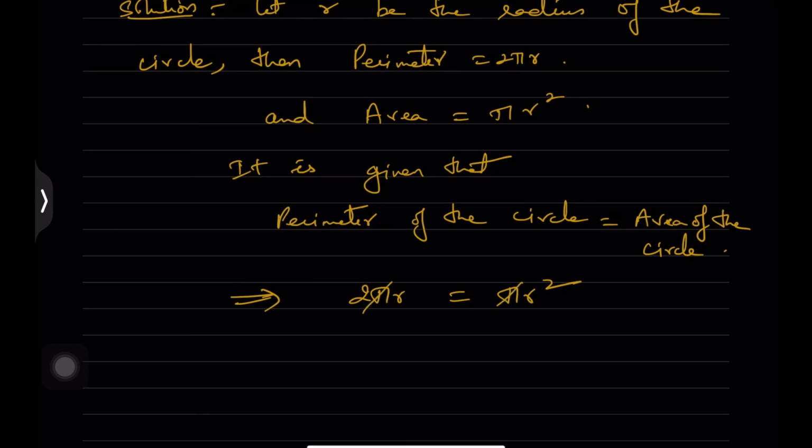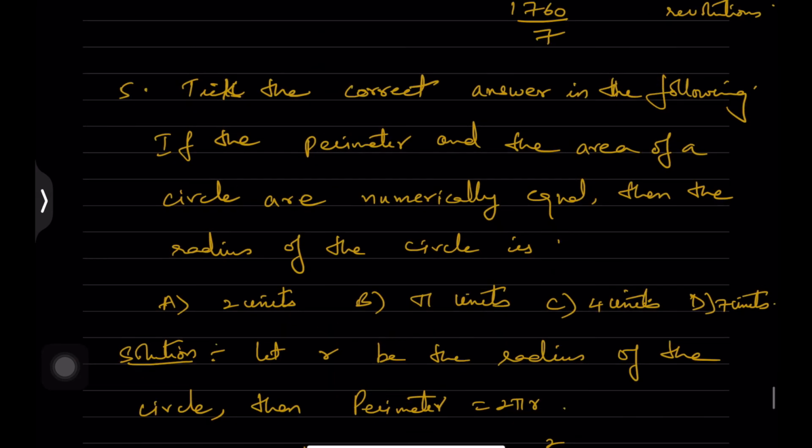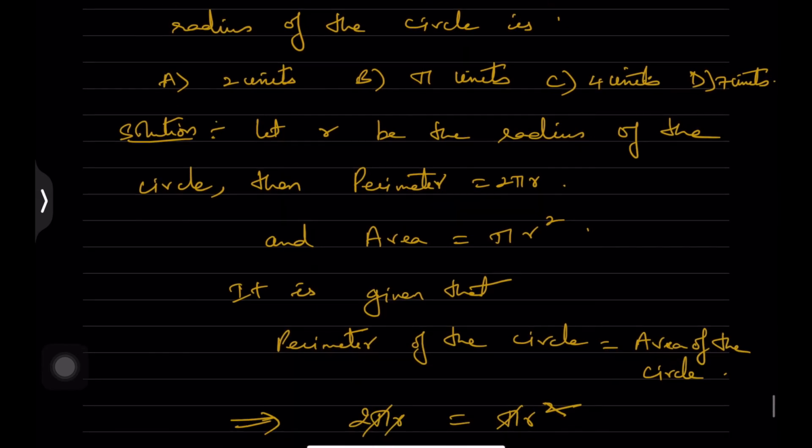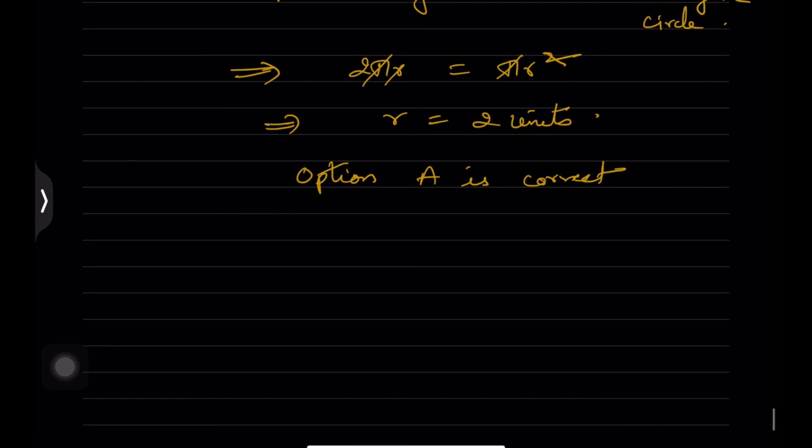So pi and r get cancelled, therefore it implies that the radius is equal to 2 units. So option A is correct. So you can tick option A. That's the correct answer which you got, that is 2 units.